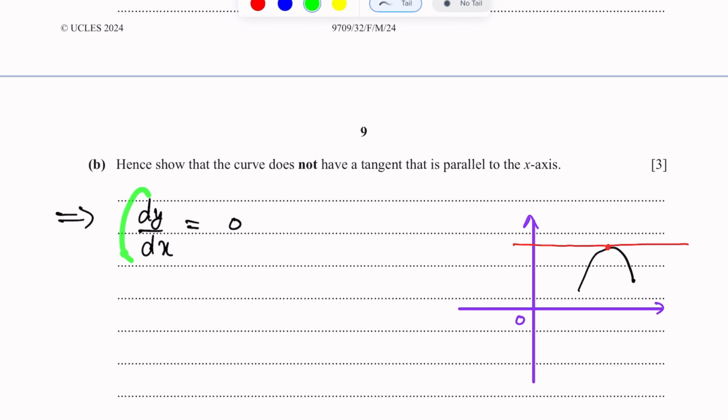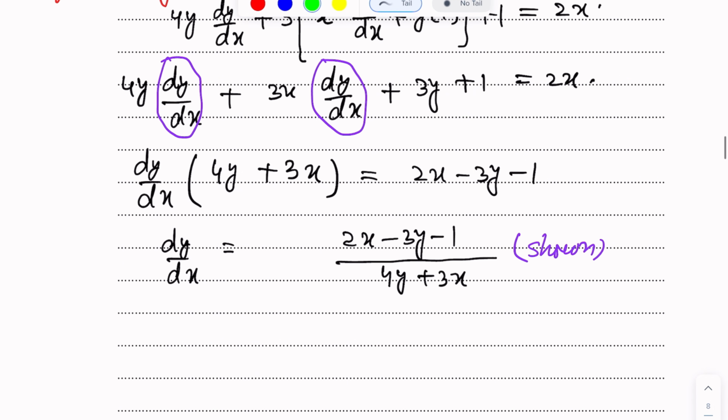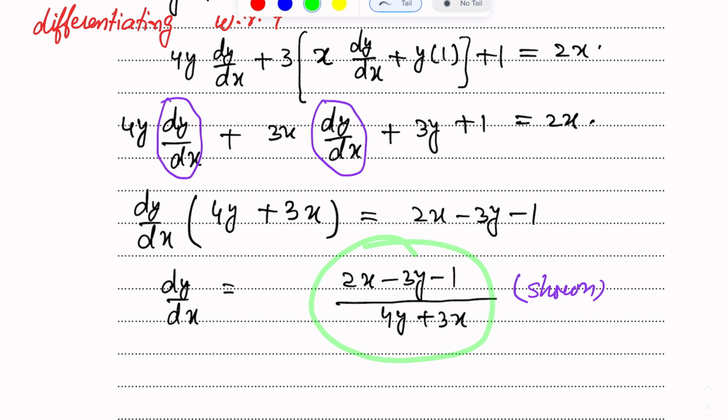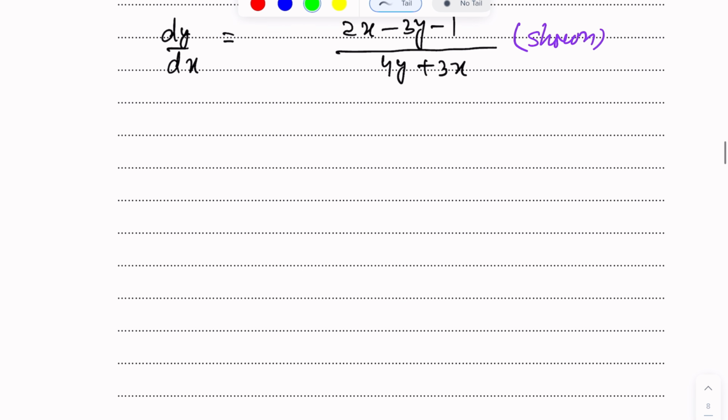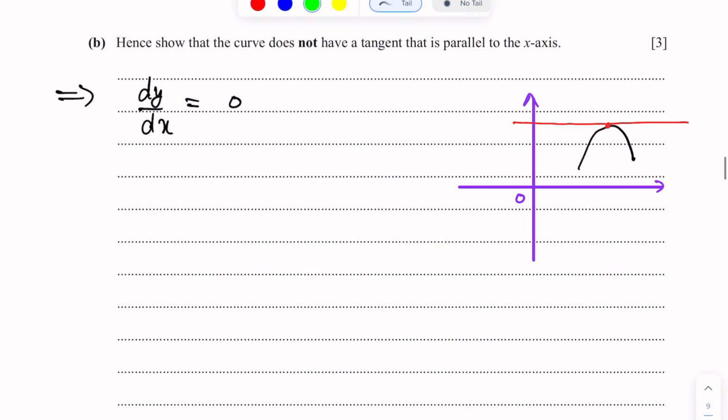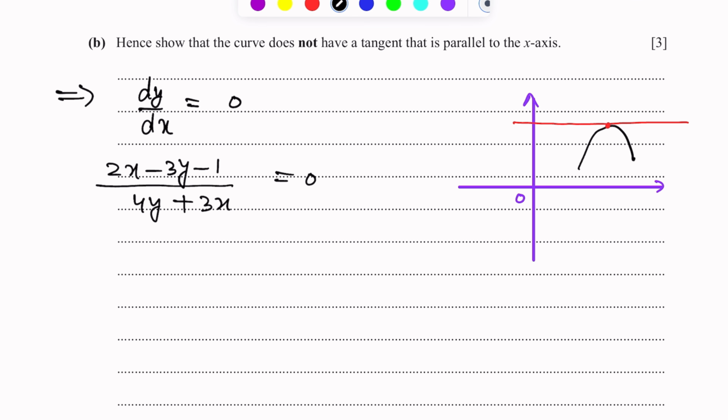We have already found dy over dx in the previous part. This is a gradient function, so this function will be equal to 0. So 2x minus 3y minus 1 over 4y plus 3x is equal to 0.